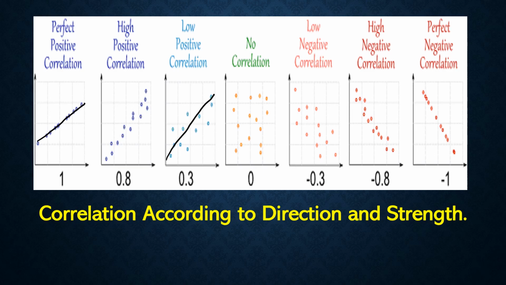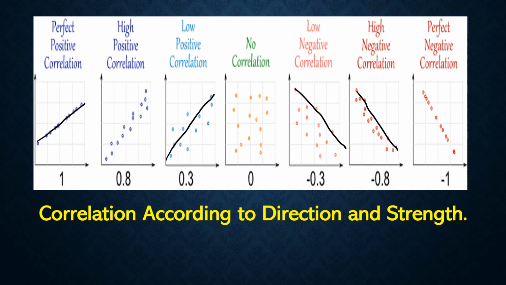Then, you can have low negative correlation if you have a straight line going downward, however there are many points that are scattered. For high negative correlation, there is a straight line, however there are only a few points that are scattered.